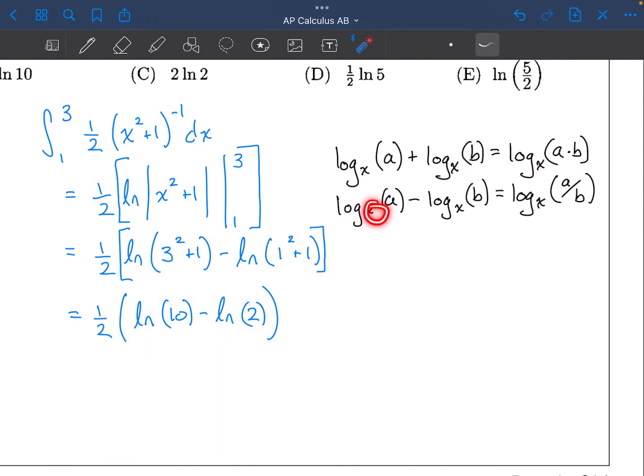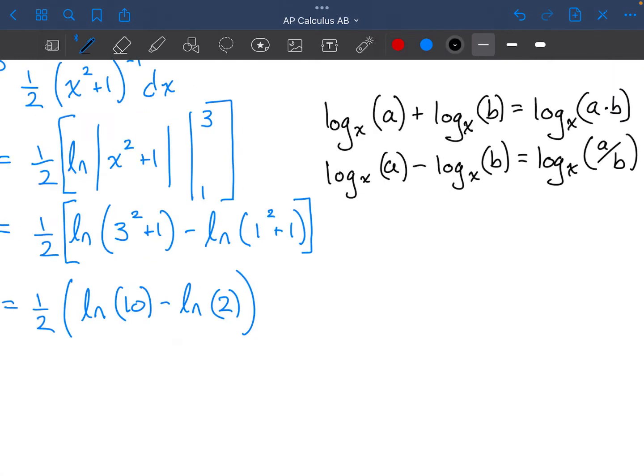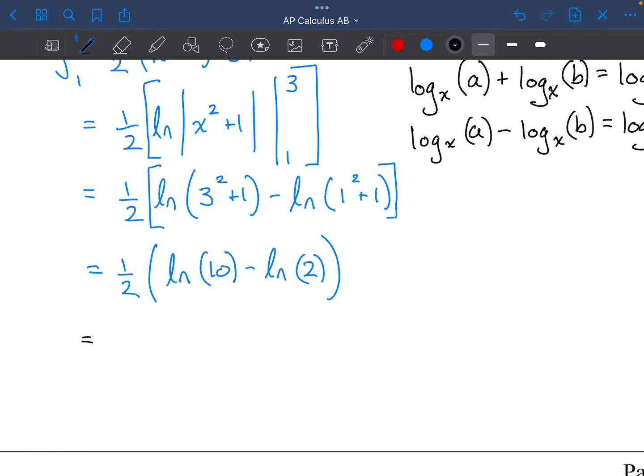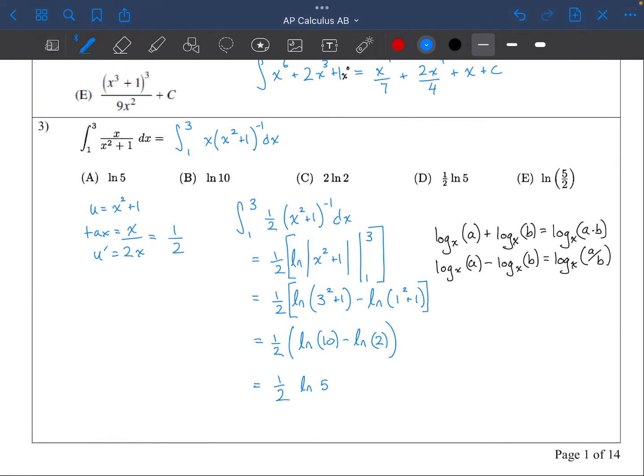I guess the x in our case is base e, because natural log is base e, and just divide the insides. So this is going to be equal to 1/2 natural log of 10 divided by 2, which is 5. And is that an answer? 1/2 natural log of 5.